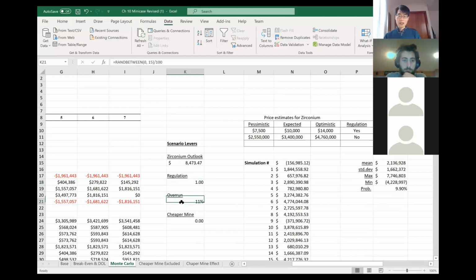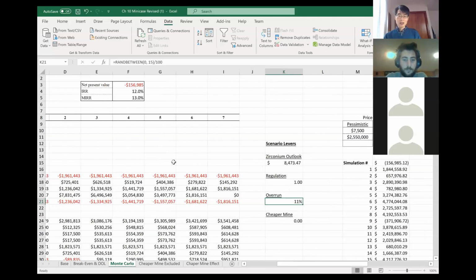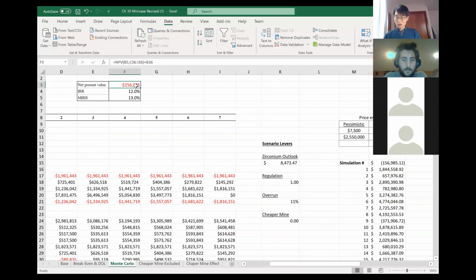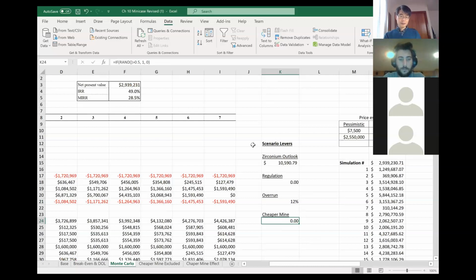Because these numbers will randomly change, each time the net present value will change, depending on which value was selected in any of these variables. So whenever I press F9 here, you can see these numbers refresh, and you can see the net present value change each time.